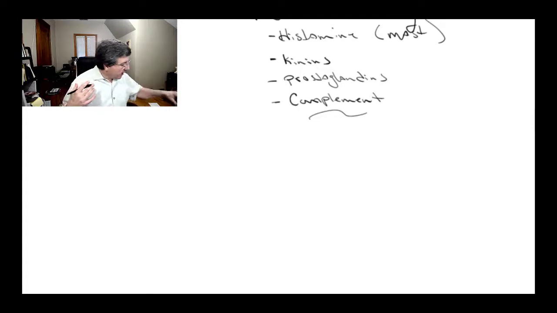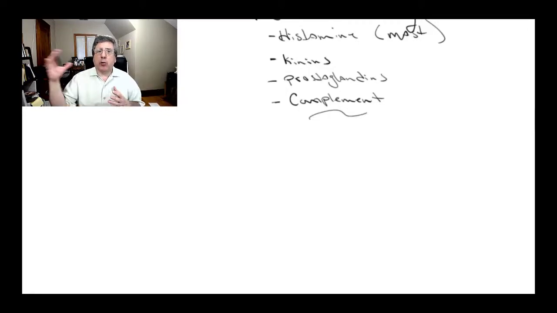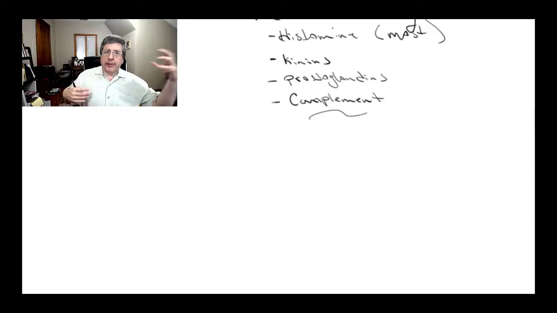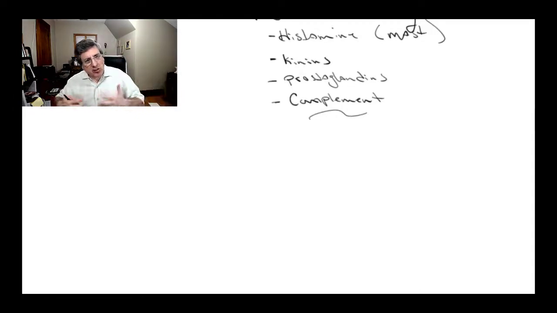That basically increases the permeability of a capillary. Go back to when we were talking about blood vessels and the bulk flow through the capillaries, whether fluid stays in the blood vessel or goes into the interstitial spaces. That's what we're talking about here. If you make that capillary leakier, more permeable, then more fluid gets into the interstitial space.